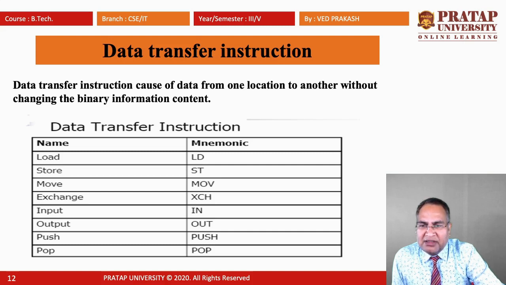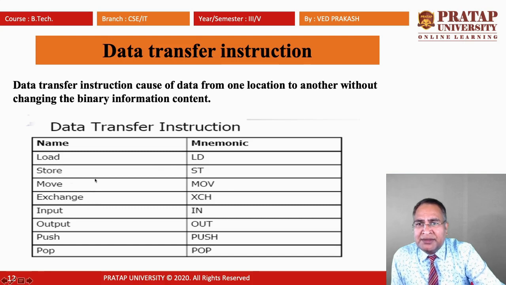In other words, these types of instructions are used to transfer binary information from one place to another place. Examples of data transfer instructions are load, store, move, exchange, input, output, push, pop.